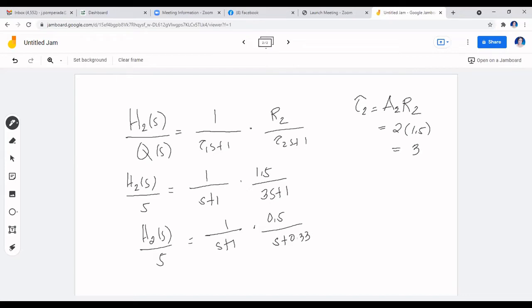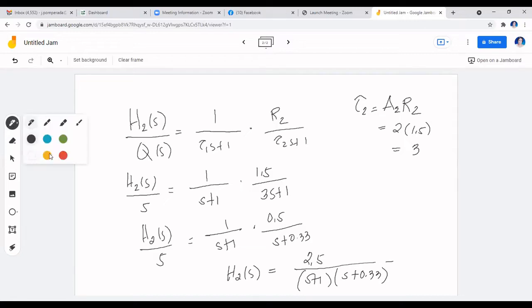So that makes the coefficient of this S equal to 1. Now, if we cross multiply the 5, your H2 of S would be equal to 2.5, 5 times 0.5, over S plus 1 multiplied by S plus 0.33. Now, this is the H2 of S that is required for the system that is given.